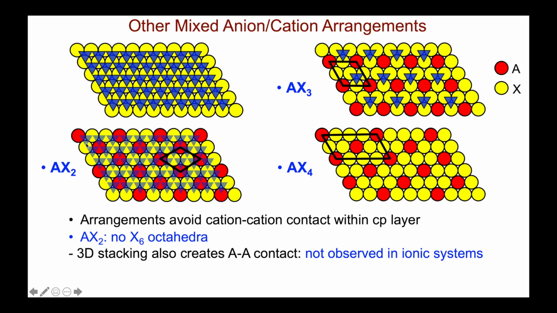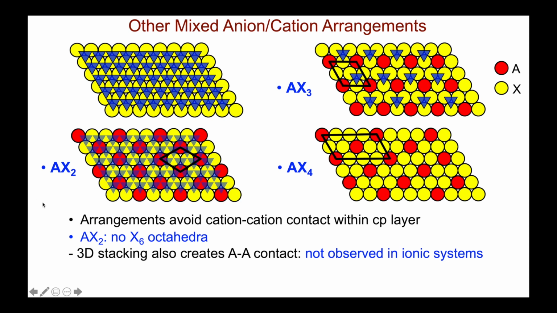Every octahedral interstice in this layer below only has two anion neighbors. And so if I put the third layer on, it's impossible to have any X6 octahedra. It's impossible to have octahedra where if a cation went to that interstice, it would be surrounded exclusively by anions. That's not possible with the AX2 arrangement.